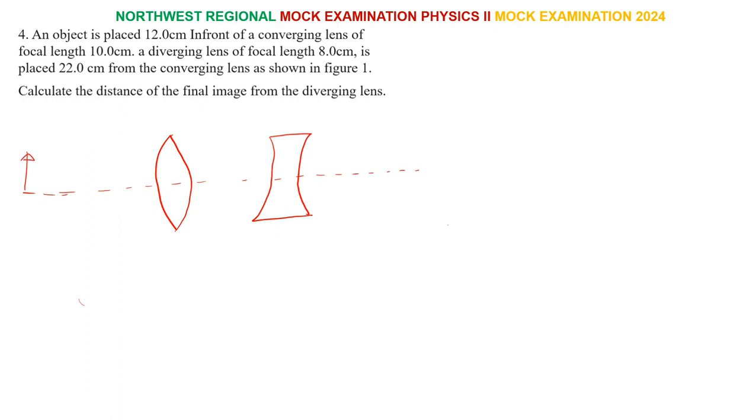Okay, now we observe that we have a two-lens system, and so we have to draw the ray diagram which actually represents this scenario. So how do we get to know the characteristics of the image that we are going to have, and where exactly are we going to see this image, and how is it going to look?